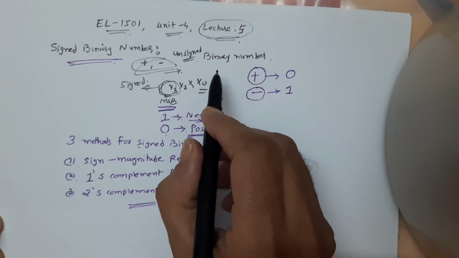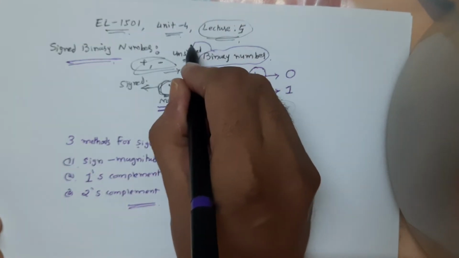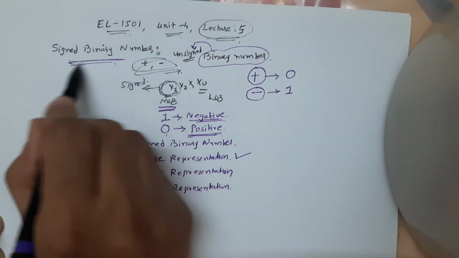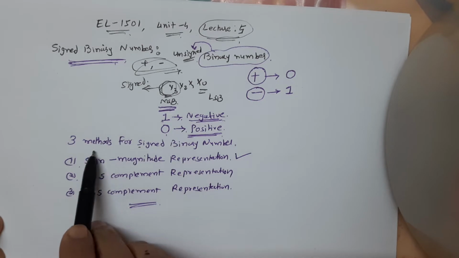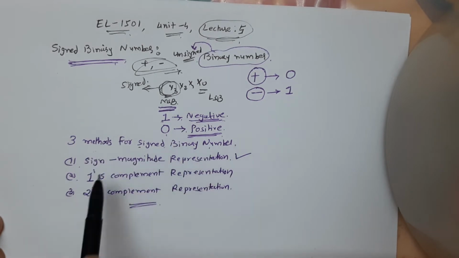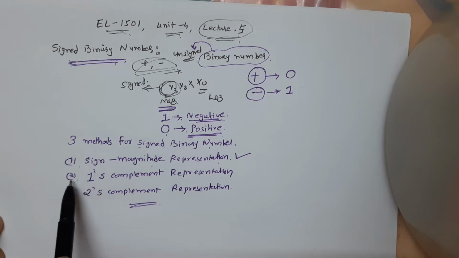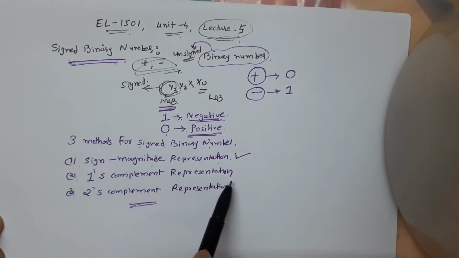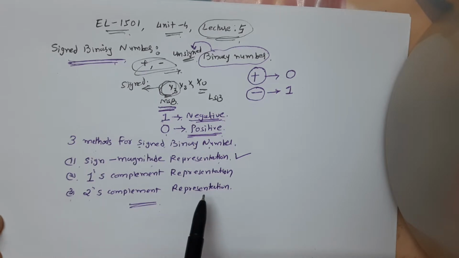Up to this, we were discussing only the binary numbers which are unsigned. Now we are discussing the signed binary numbers. So here, three methods for signed binary number. First is the sign magnitude representation. Second method is ones complement representation. And third method is twos complement representation.